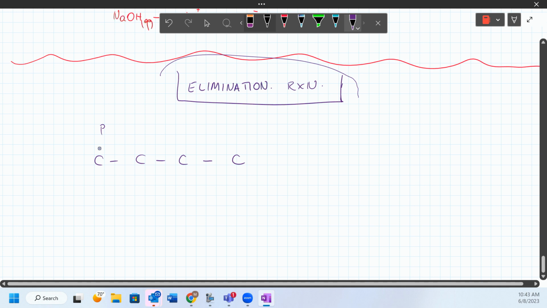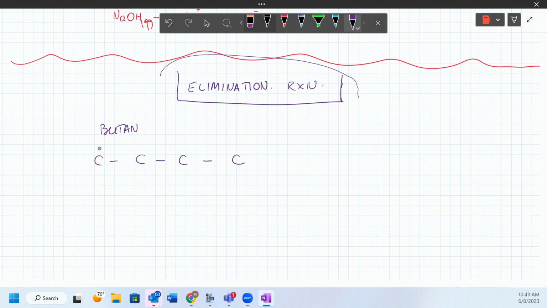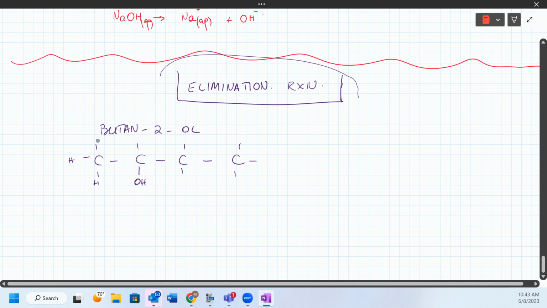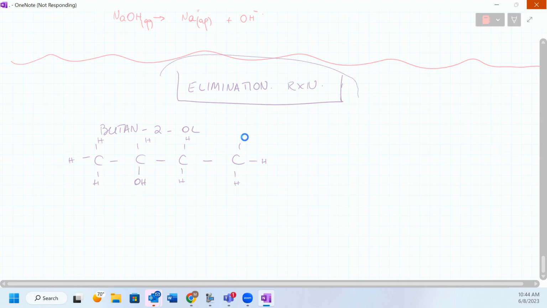Since it is butan-2-ol, at the second carbon we have OH, and on the other ones we have hydrogen, hydrogen, hydrogen. Okay, are we good with the structure here?